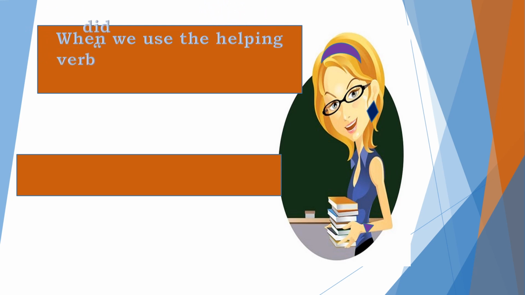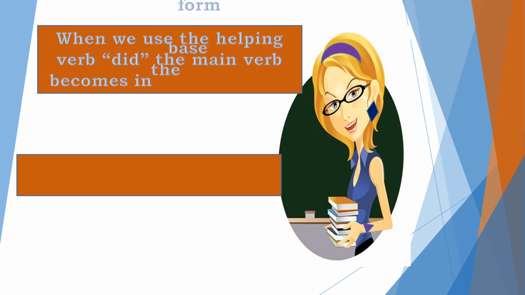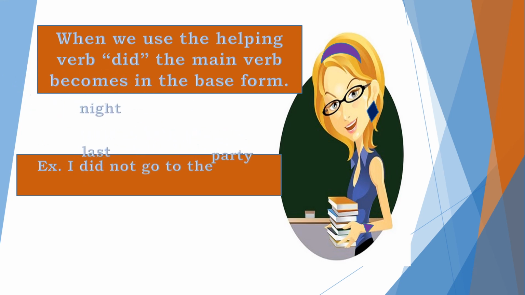When we use the helping verb did, do you remember also when we mentioned in the present simple tense, the main verb becomes in the base form. Let's have an example. I did not go to the party last night.